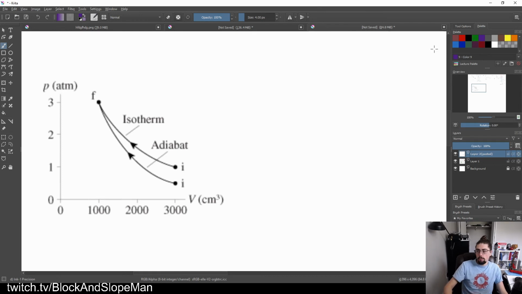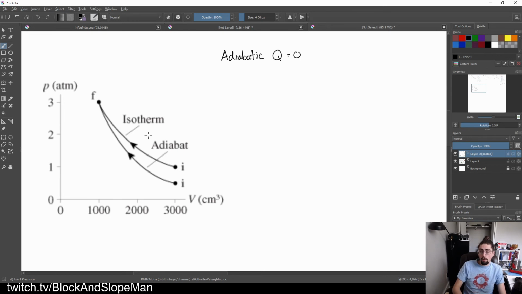And for adiabats in particular, remember that an adiabatic process is a process in which the heat exchanged is equal to 0. There's no heat exchanged. The entire idea of the adiabatic process is that it goes really, really fast so that there's no time for heat to be exchanged. So then, that solves that one.